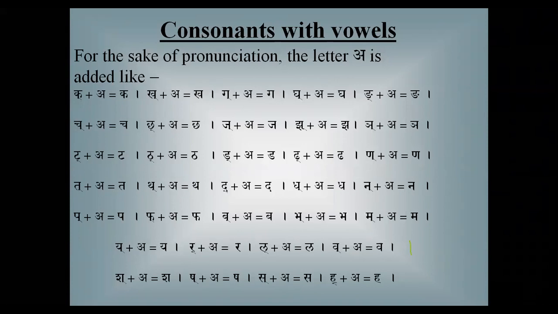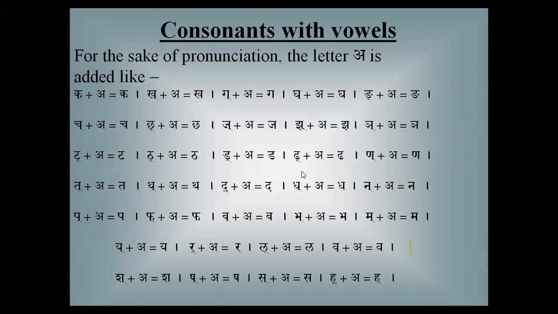Now, if the vowel a can be added to these consonants, why can't we add all the vowels to the consonants? Possible, right? We can add all the vowels to the consonants.